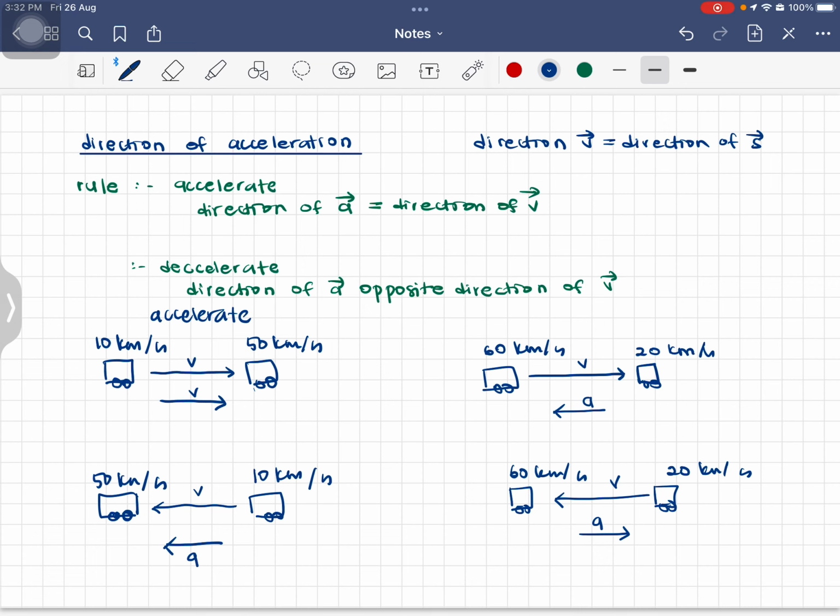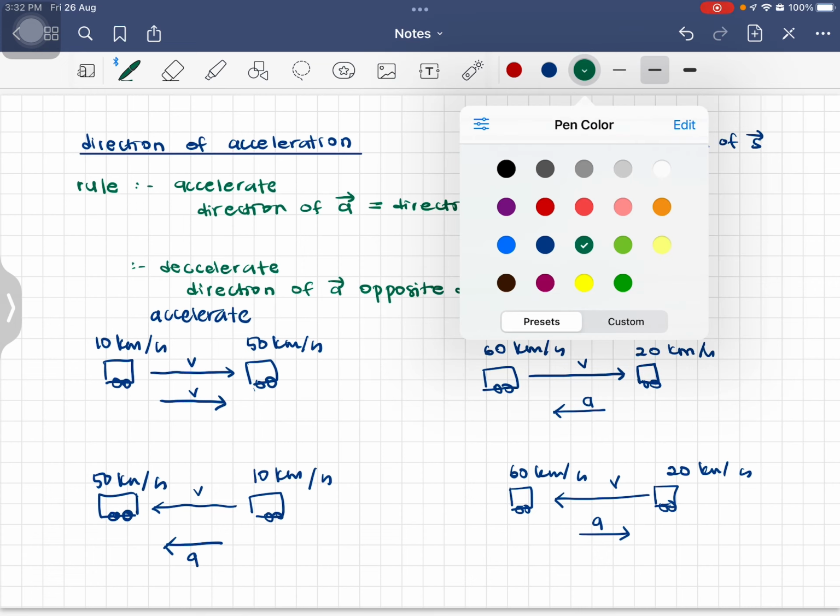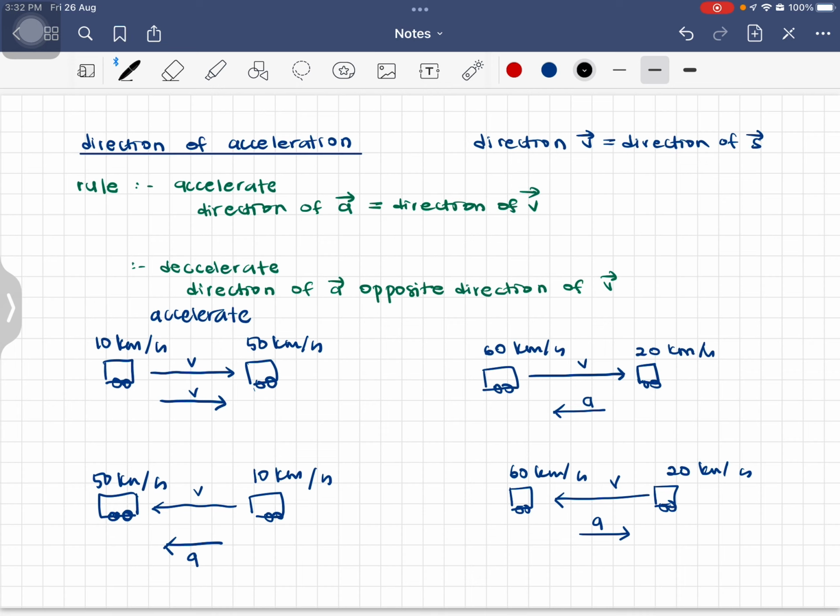Okay. Another rule that you can attain from here is if your A and V are the same sign, you accelerate. If your V and A are opposite sign, you decelerate.